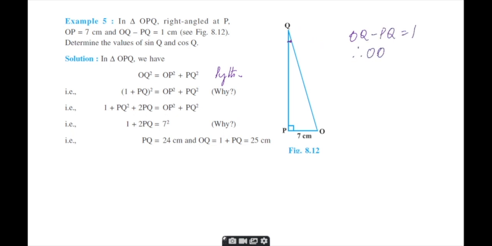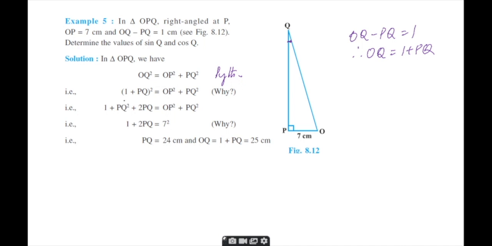Therefore, OQ is equal to, if you carry PQ to that side, 1 plus PQ. That is what is written here, 1 plus PQ whole square is equal to OP square plus PQ square. This we are expanding using our A plus B whole square formula. A square plus B square plus 2AB, that is equal to OP square plus PQ square.